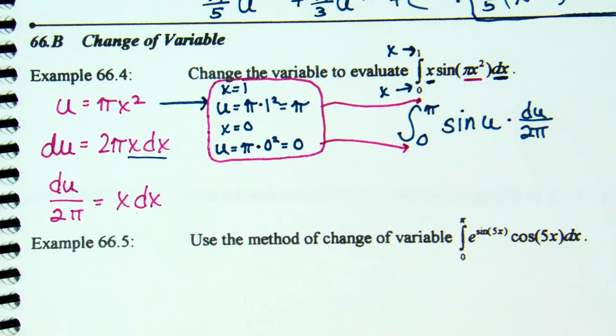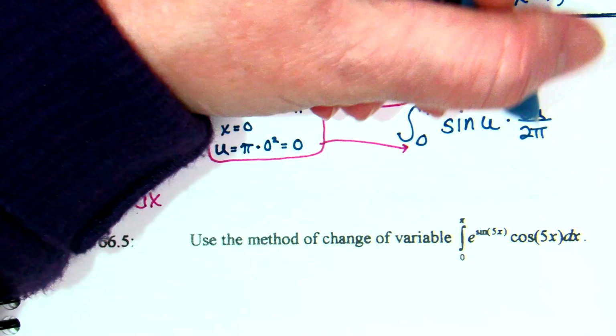Let's see. Before I integrate, what should I do with that 2 pi in the denominator? Yeah. The du divided by 2 pi, I'm going to bring this 2 pi out front and say 1 over 2 pi times the integral from 0 to pi of sine u du. What is the integral of sine?